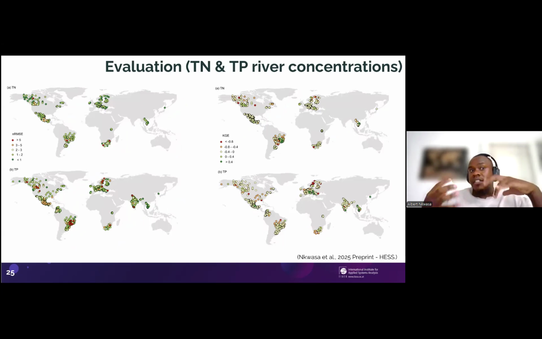We could see it was performing well in certain areas, but in other areas we had a lot of room for improvement, which is, I guess, common for a global water quality model. So this was the first version of this model, and we mostly produced it to be able to participate within the ISIMIP water quality modeling framework.